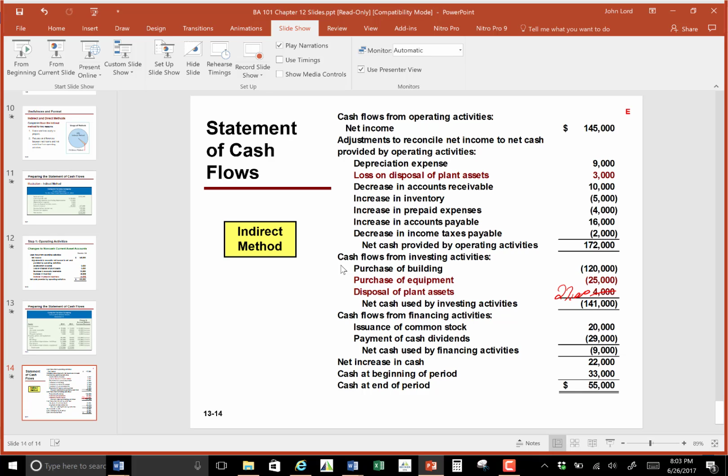Accounts payable is going to have had what? 0 at the beginning of the year, and how much at the end? 40,000.